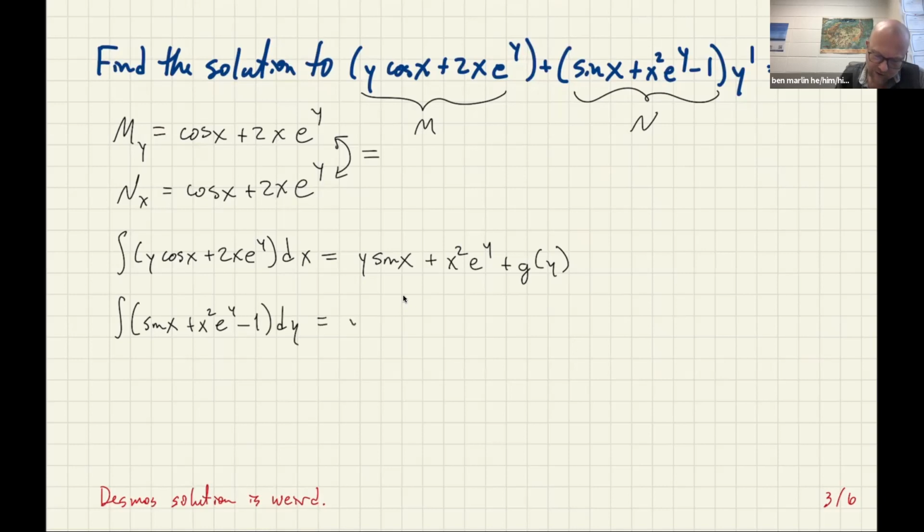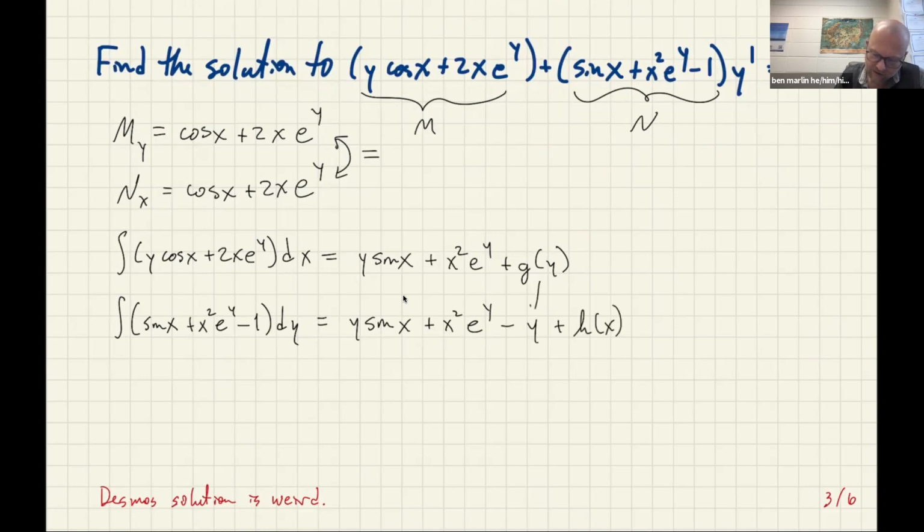And so you'll pick up a y here, the y sine x, and the x squared is left alone, and the e to the y is left alone, and then a minus y plus h of x.